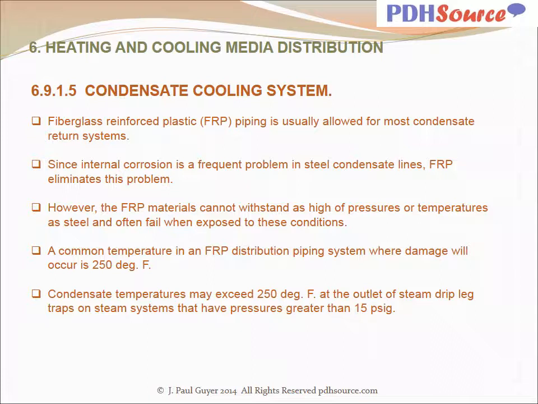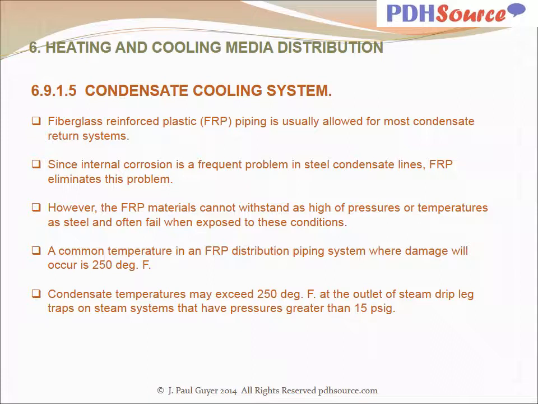Fiberglass reinforced plastic (FRP) piping is usually allowed for most condensate return systems. Since internal corrosion is a frequent problem in steel condensate lines, FRP eliminates this problem. However, FRP materials cannot withstand as high pressures or temperatures as steel and often fail when exposed to these conditions.